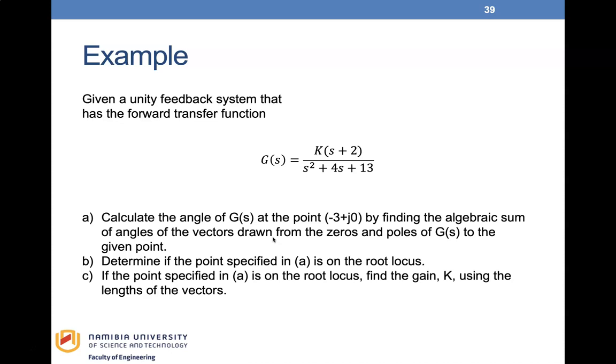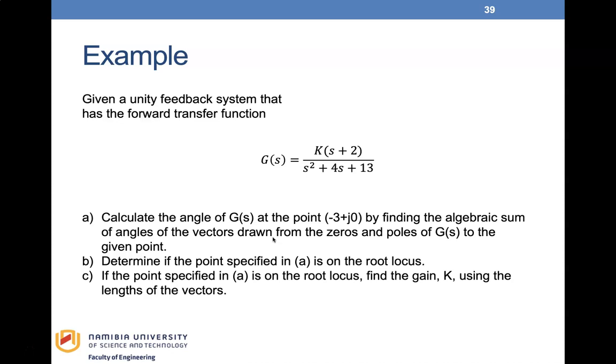A. Calculate the angle of G(s) at the point -3 + j0 by finding the algebraic sum of angles of the vectors drawn from the zeros and poles of G(s) to the given point. B. Determine if the point specified in A is on the root locus. And C. If the point specified in A is on the root locus, find the gain k using the length of the vectors.